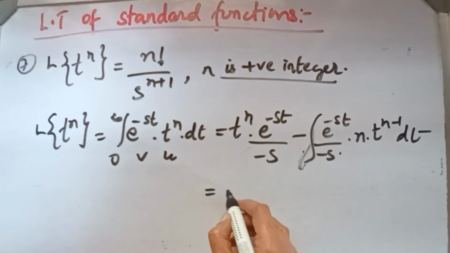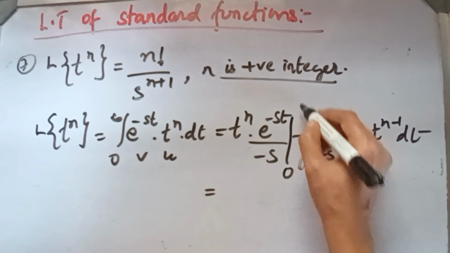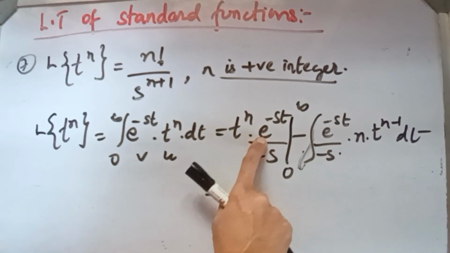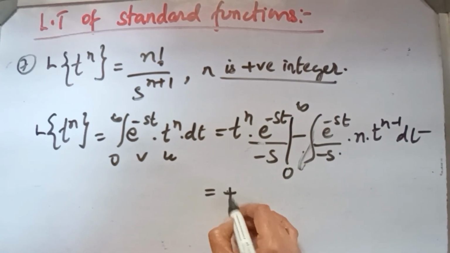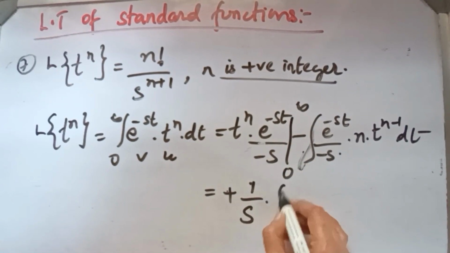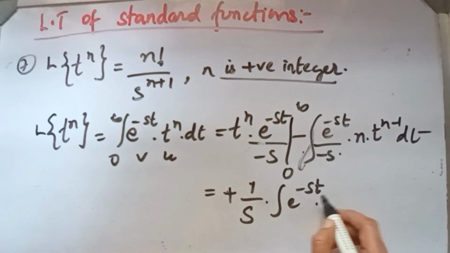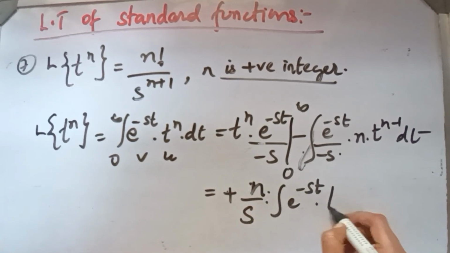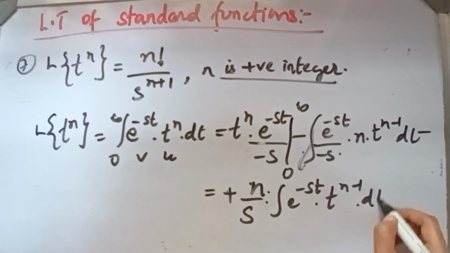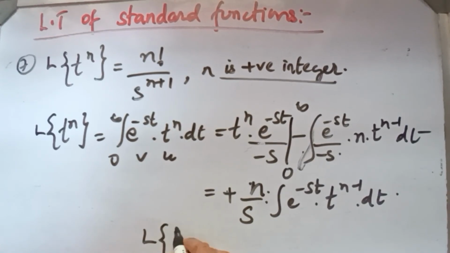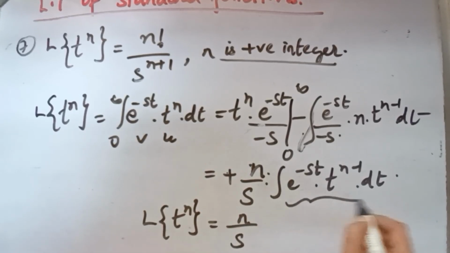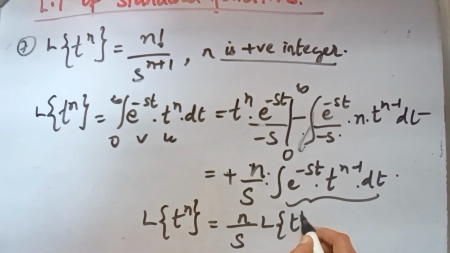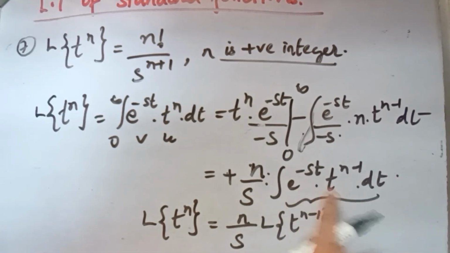The limit is 0 to infinity, and the boundary value is 0. Then minus of minus gives plus 1 by s into the integral of e power minus st, with n constant outside, t to the power n minus 1 into dt. Therefore, the Laplace transform of t to the power n is n by s into, this is nothing but, the Laplace transform of t to the power n minus 1 as per the definition.